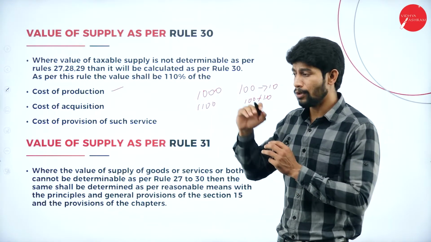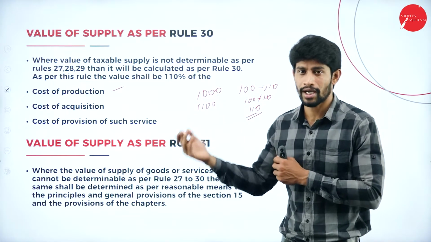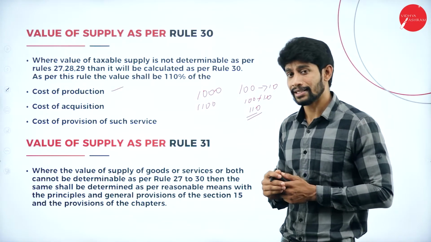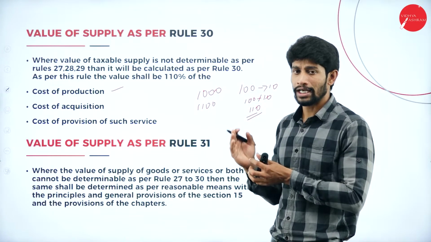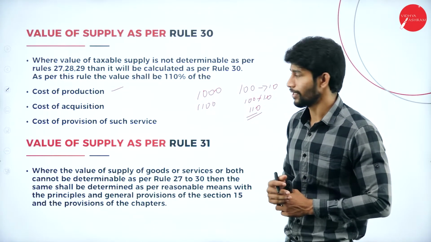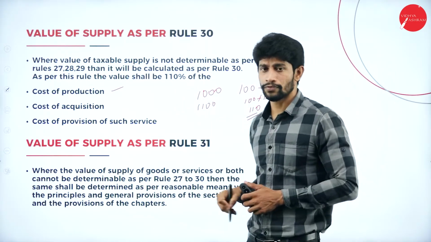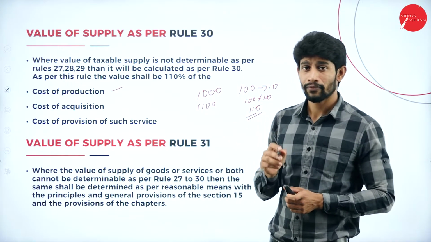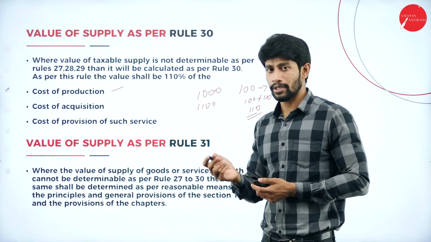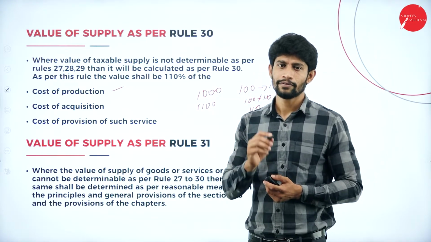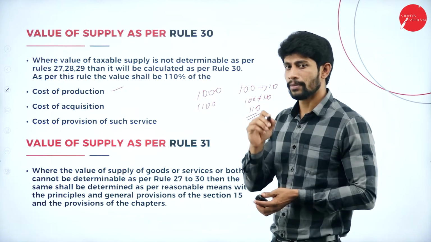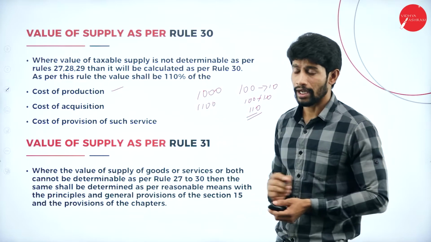So, whatever the amount charged by the supplier, that value will be the value of taxable supply. So, these are the three conditions we are going to follow under rule number 30 when it is not possible to determine the value of taxable supply as per rule number 27, 28 and 29.